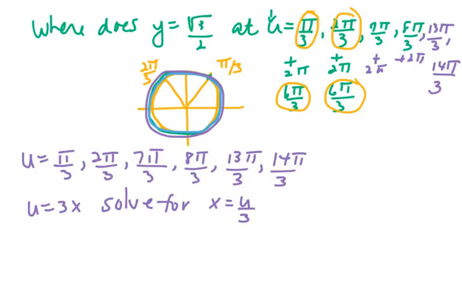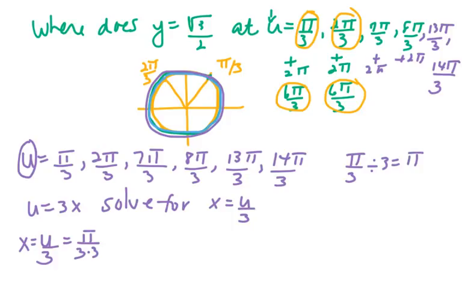So I need to divide all of these by 3. So x is equal to u over 3. So I divide pi over 3 by 3. All that I did over here was pi over 3 divided by 3, which is equal to pi over 3 times 3, which is equal to pi over 9. So your first solution here is pi over 9.